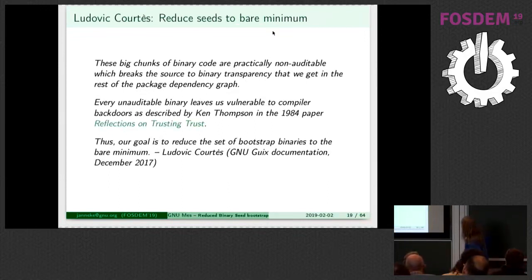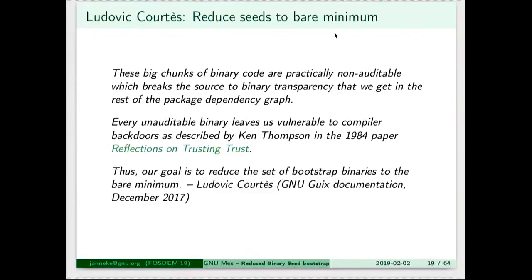And Guix, who wrote the rolling software distribution, says much the same: big binary blocks of code are non-auditable, and using them is a hazard, and our goal is to reduce them to a bare minimum.